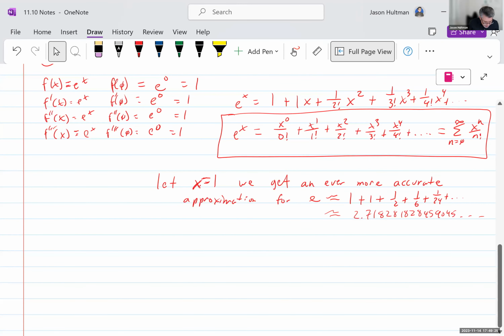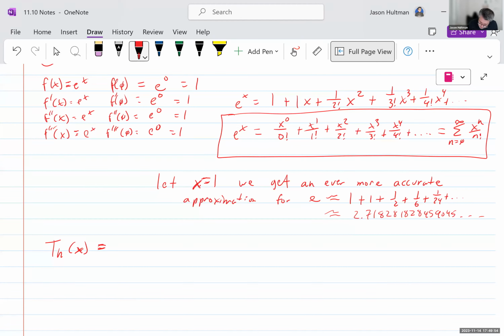Okay, T sub n of x is called the nth degree Taylor polynomial. So it's an nth degree. We can choose how many terms to go out. Are we going to get the exact value? No. Are we going to get the exact function? No, but we can choose how far to go out. And this thing's called the Taylor polynomial.